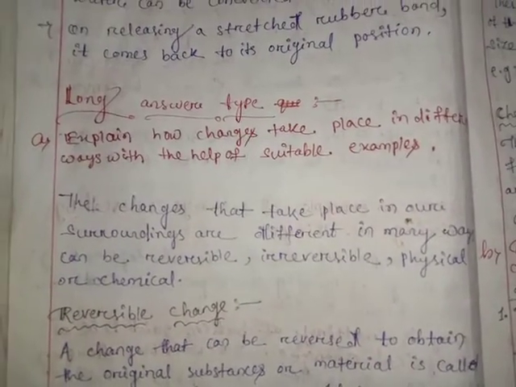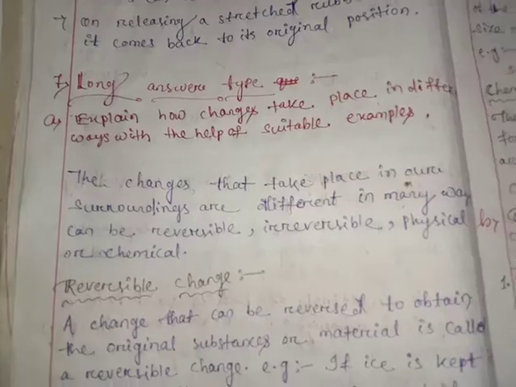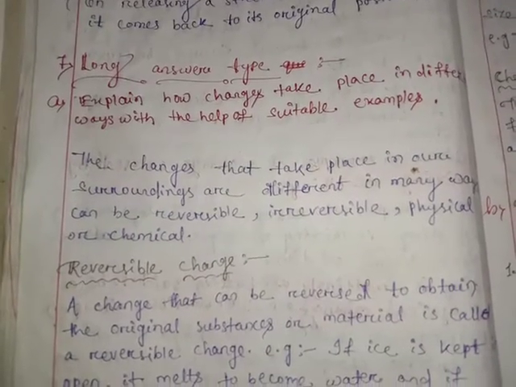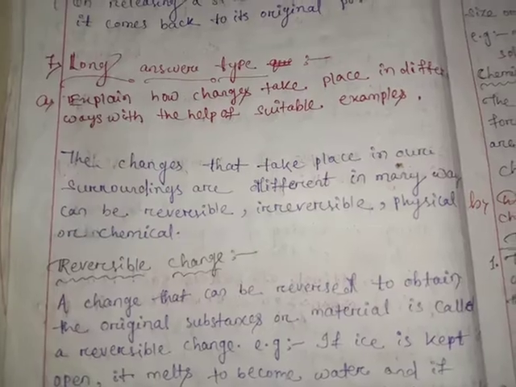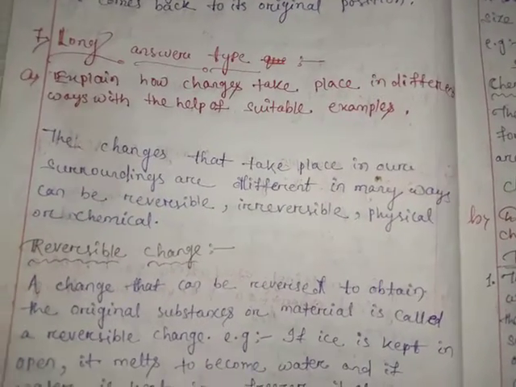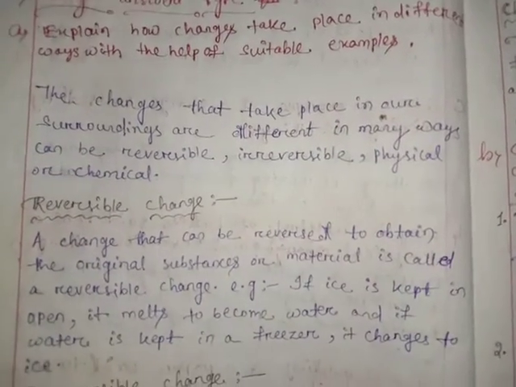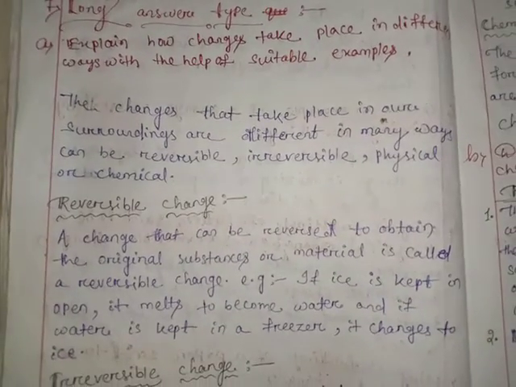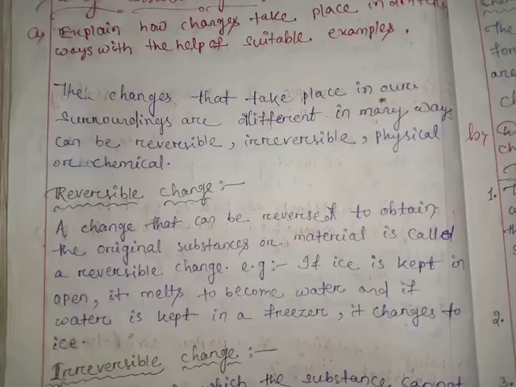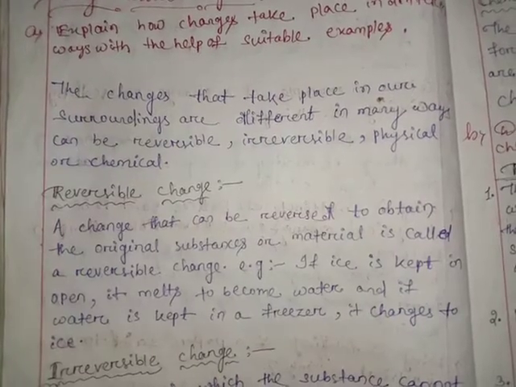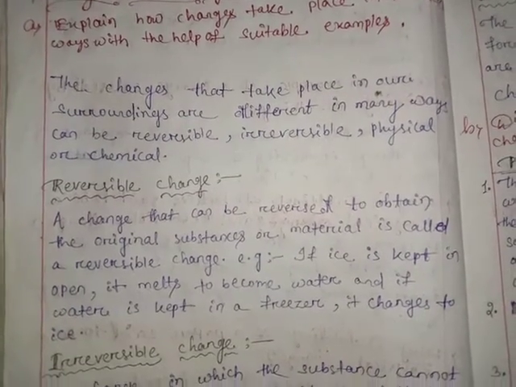Then long answer type, first number A, explain how changes take place in different ways with the help of suitable examples. The changes that take place in our surroundings are different in many ways, can be reversible, irreversible, physical or chemical.